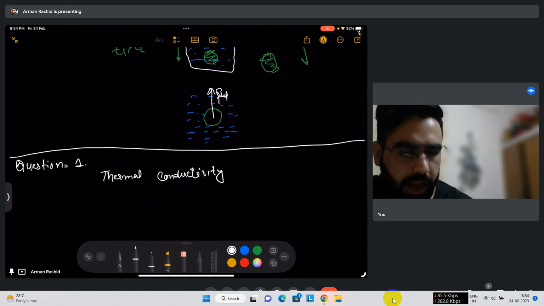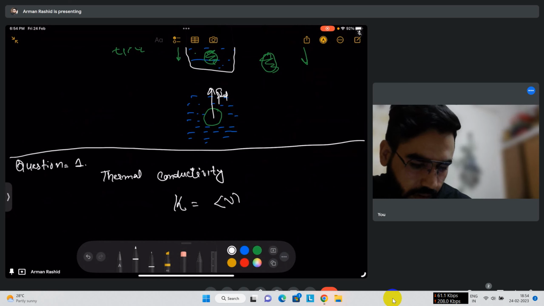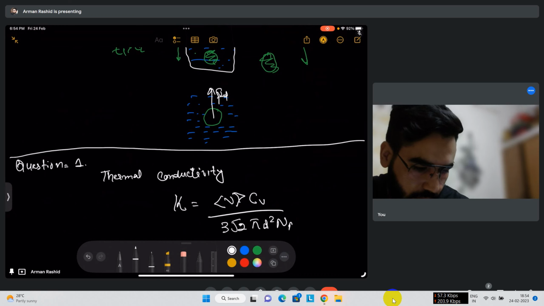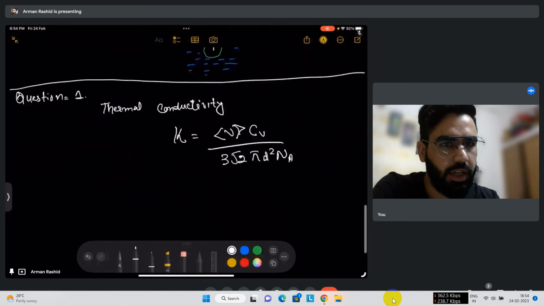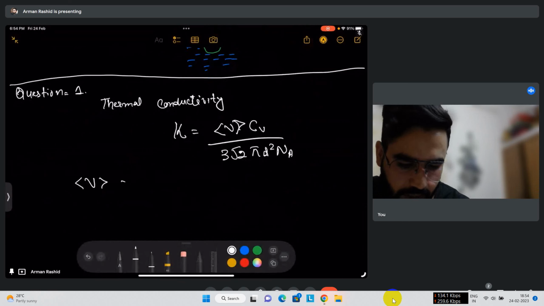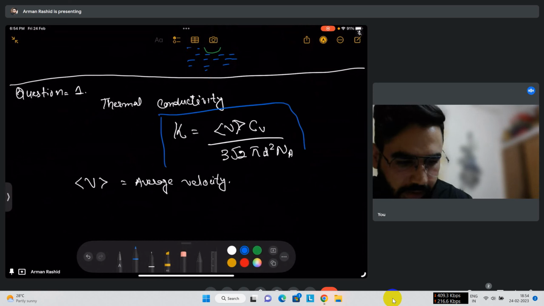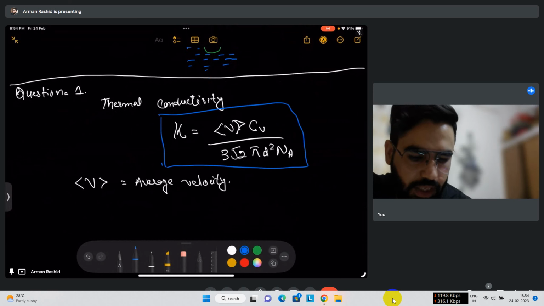We have shown that thermal conductivity is given by this equation, where v is the average velocity. This I have shown in my previous lecture, where this equation comes from, v is the average velocity.